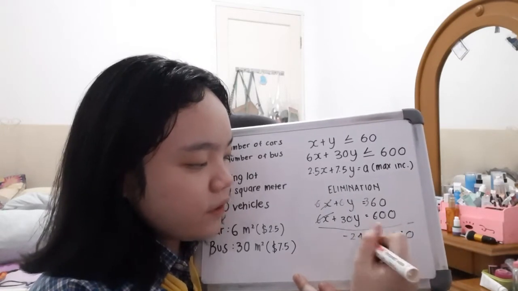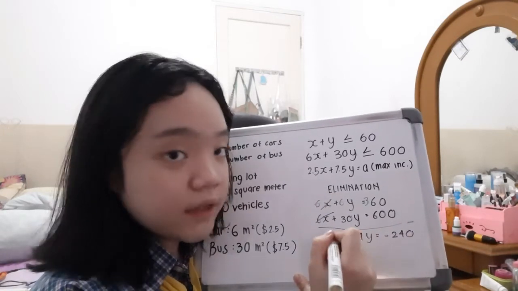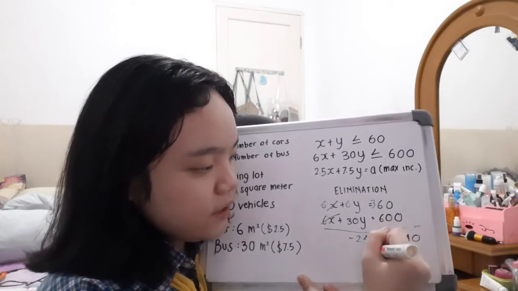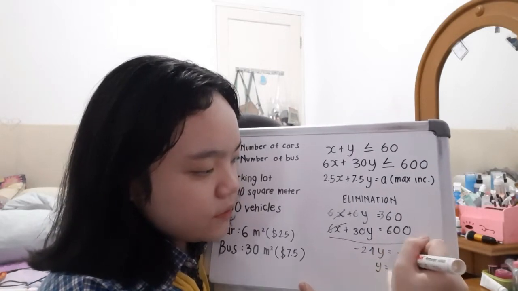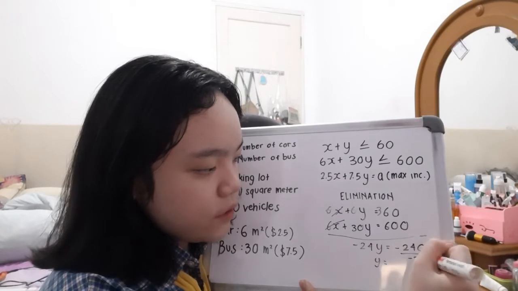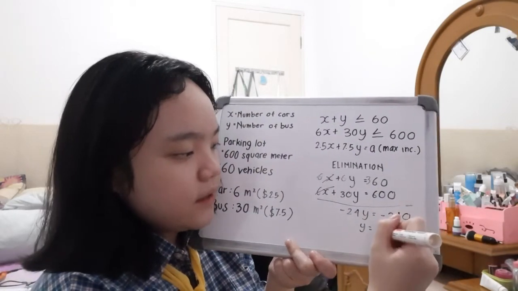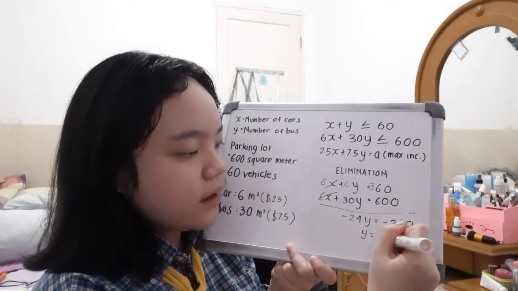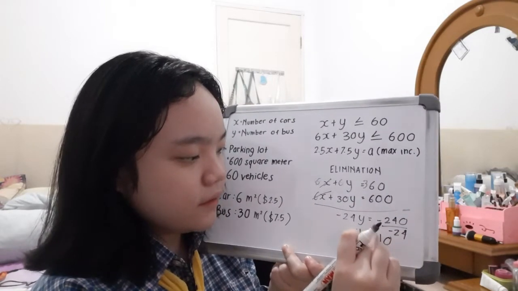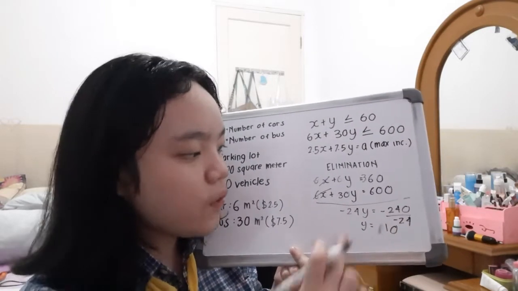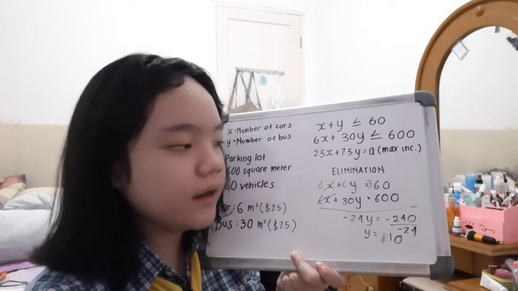To get rid of the negative 24 in the y, we can just divide, so negative 240 divided by 24 makes negative 10. So y is equal to 10.